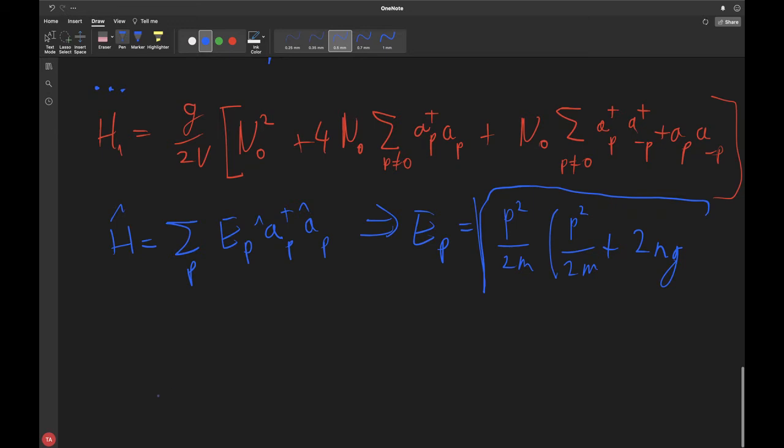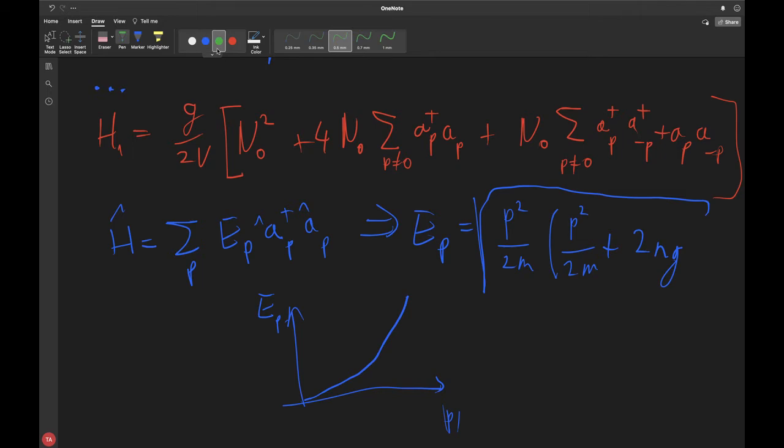If we were to plot this, I am going to plot the energy against the absolute value of p, since we have squares here. Then we get something like this.